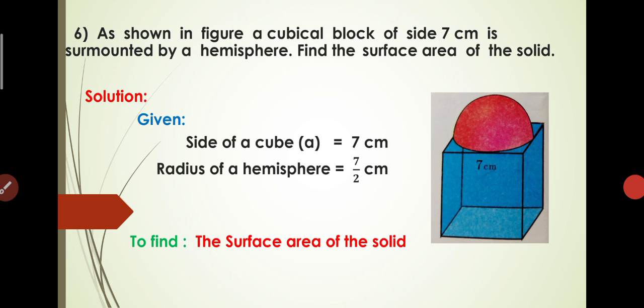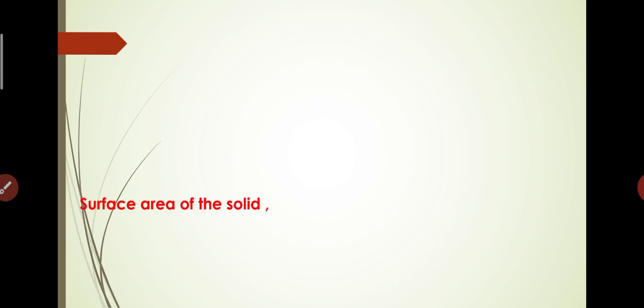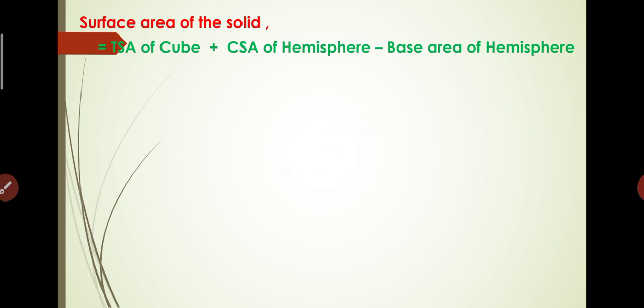Now we want to find out the surface area of the solid. Total surface area of the cube: first I am going to find out the area of all the 6 faces. From one face I am going to subtract the base area of the hemisphere. So minus base area of the hemisphere, plus which one we want to add? Curved surface area of the hemisphere we want to add.